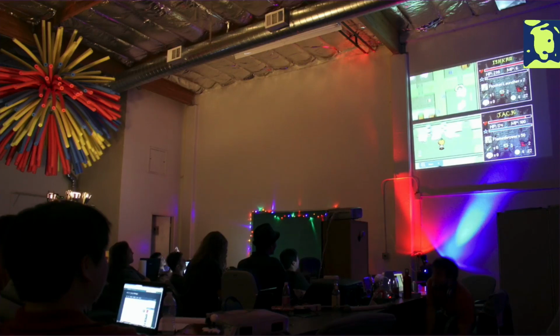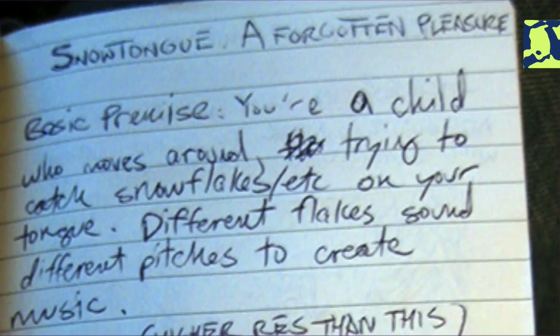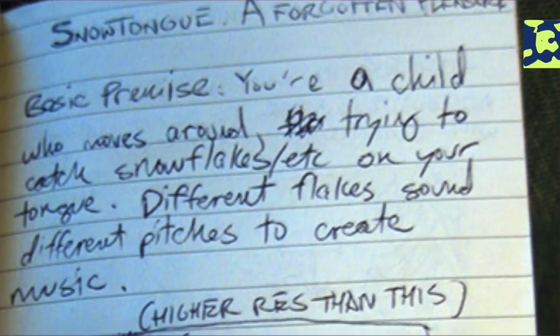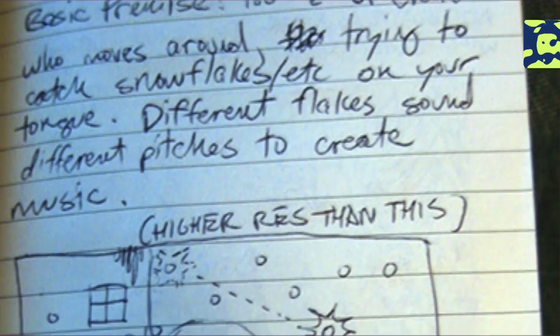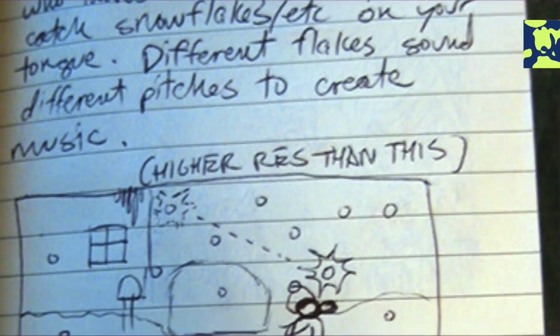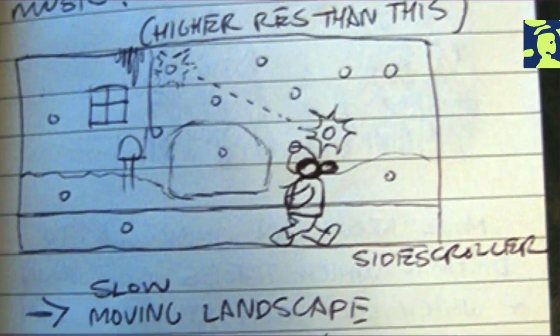It really inspired me to start thinking about that. So when I went home after the weekend, I started brainstorming, and this is the first idea that I came up with. Snow Tongue, a forgotten pleasure. Basic premise: you're a child who moves around trying to catch snowflakes on your tongue. Different flakes sound different pitches to create music. It'll be higher res than this, but it's a side scroller.